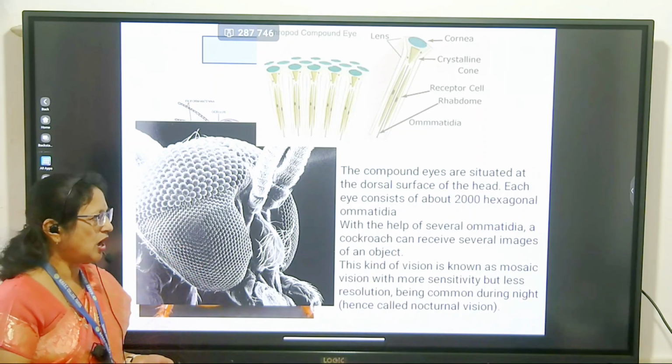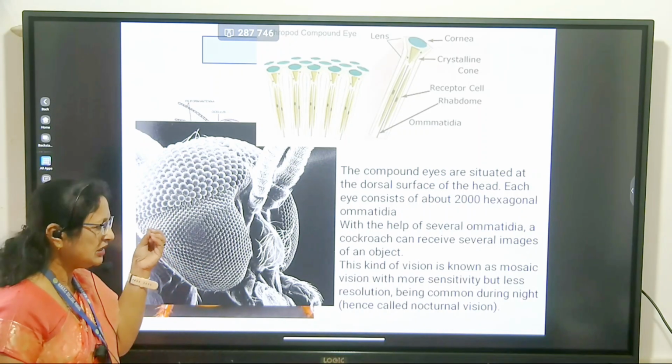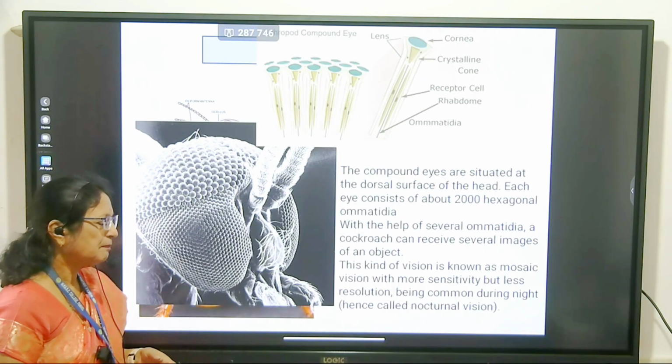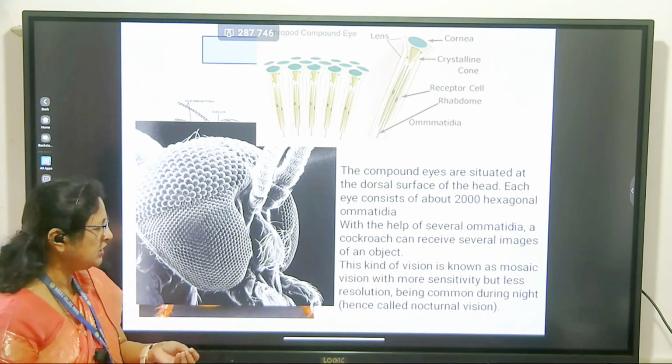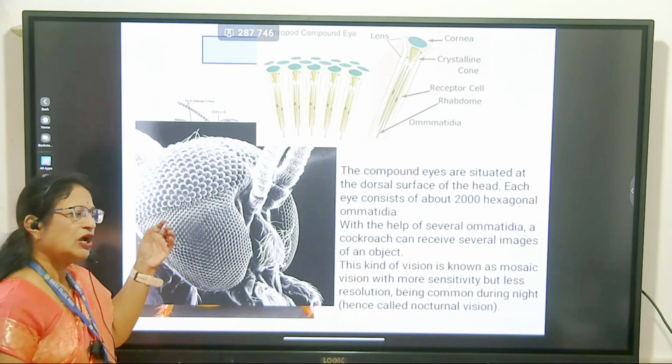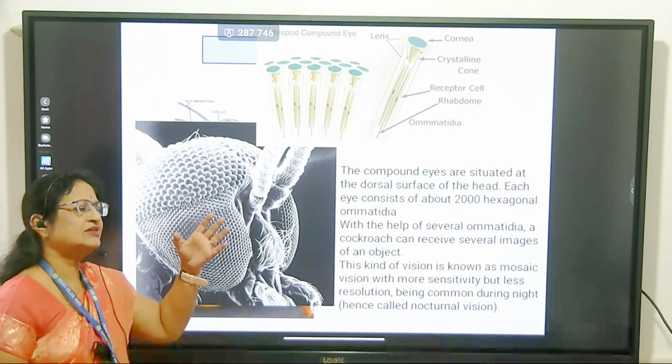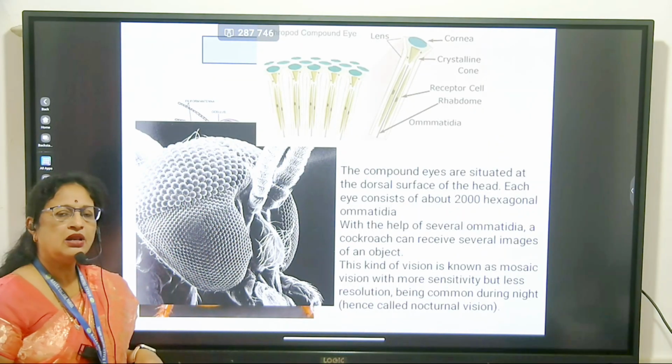As it is a compound eye, it has a low resolution, being common during night, and that's why cockroaches have nocturnal vision.